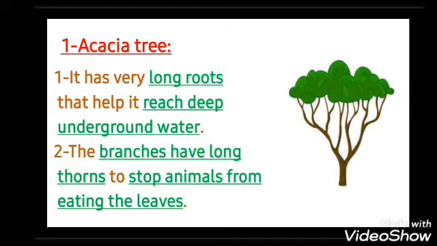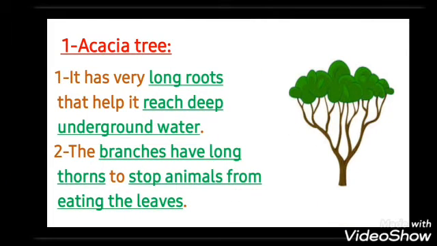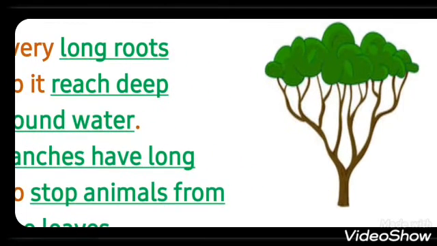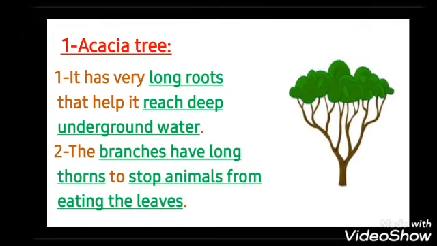Number 1, it has very long roots. It has very long roots to help it reach the underground water, the deep water, okay? So, long roots to help it reach the deep underground water.